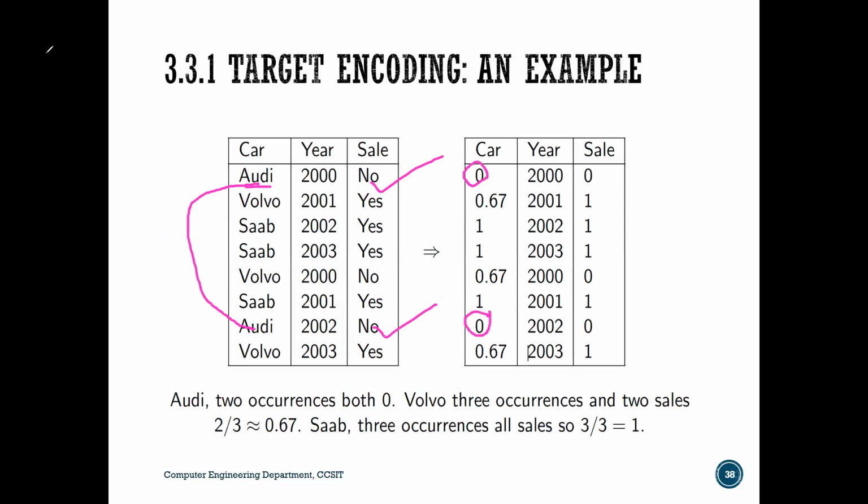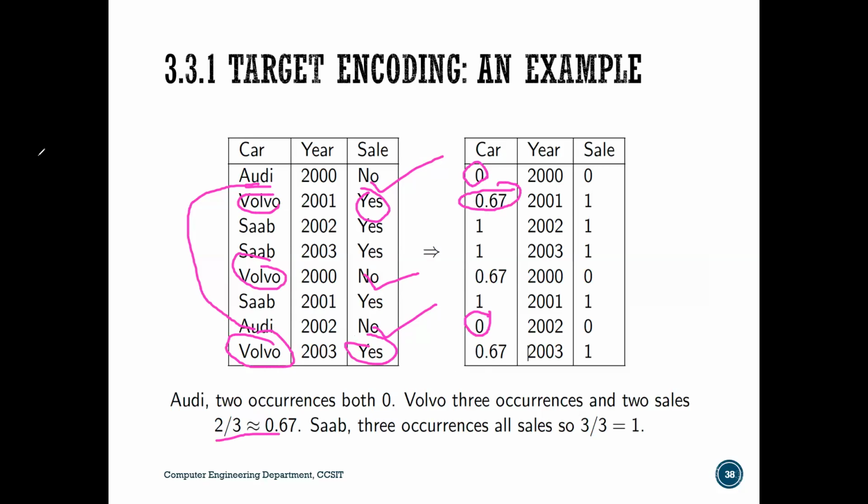Now, if I'm talking about Volvo, you can see it has one, two, three occurrences. Out of these three, two times it's yes and one time it's no, so it is 2 upon 3, which is 0.67. Wherever we have this Volvo car, we will replace it by this number. This is called target encoding, and it's very useful.